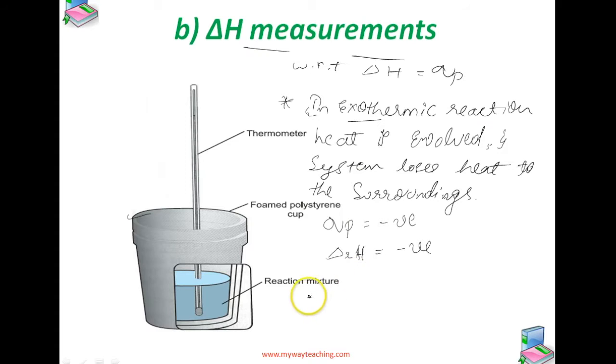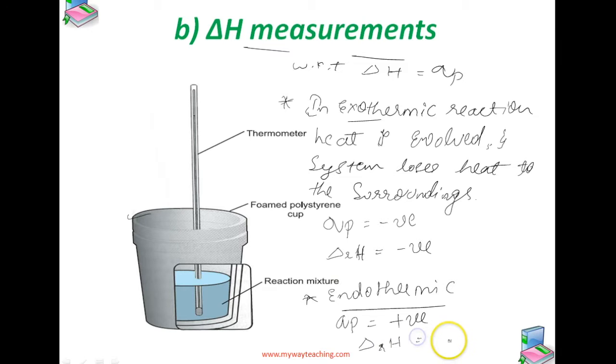Opposite to that, there is an endothermic reaction. Heat is absorbed, so QP is positive. Delta H is also positive. Okay, so this is delta H measurement.